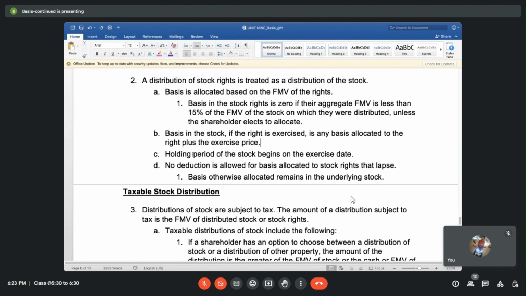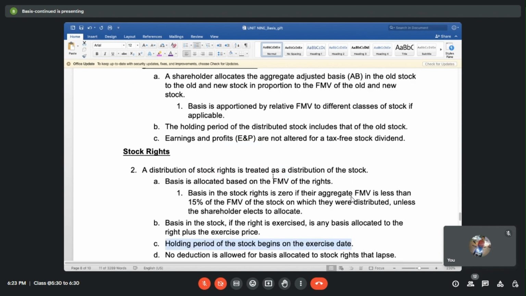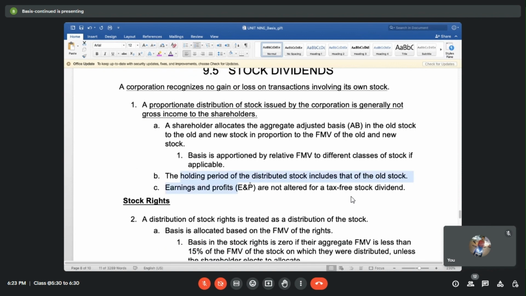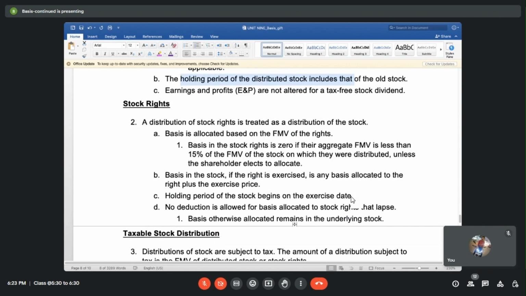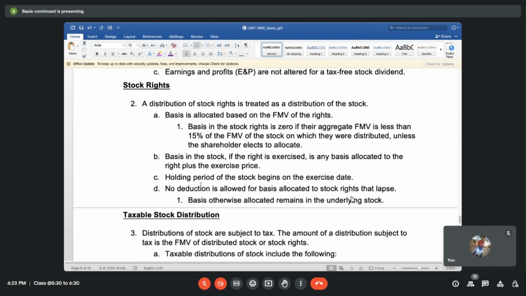So if they're exercising, saying on this particular day that, okay, I want to exercise and I want to get the stocks, then the holding period should begin from the exercise date. Here what we are saying is the holding period would be the same as that of the original stocks. There's a slight difference in these two, but both of them are pretty much non-taxable transactions.